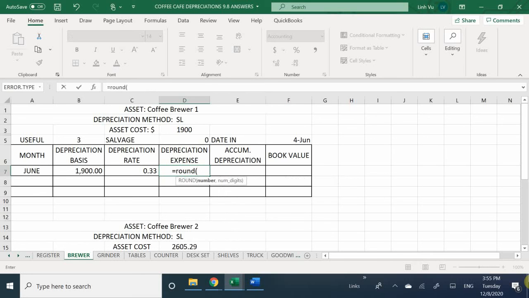Equals ROUND, this times this divided by 12, comma, 2. Hold on, I'm catching up. Oh, you do the divided by first. Okay.